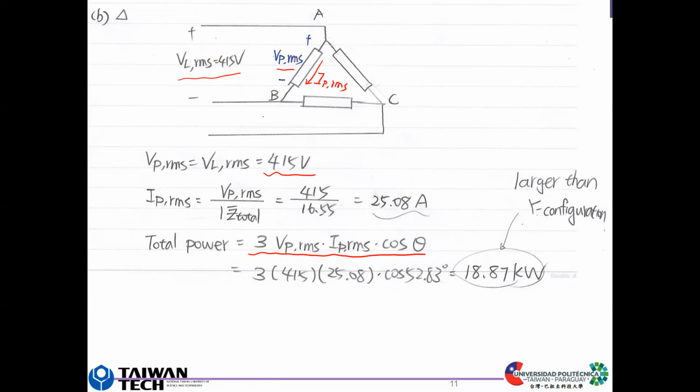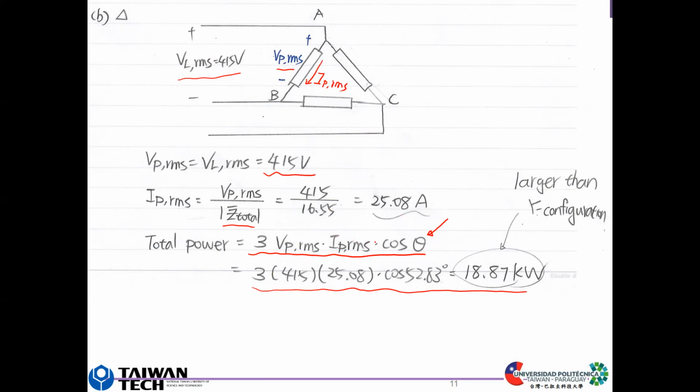Since we have VPRMS, the phase voltage, and we also know the amplitude of the load, we can calculate the phase current. Once we have the phase voltage and phase current, and we also know the phase angle of the load, we can apply this formula: 3 times VPRMS times IPRMS times cosine theta.